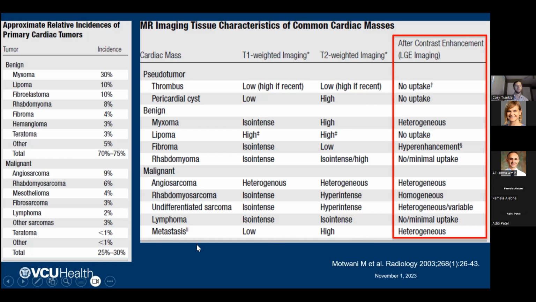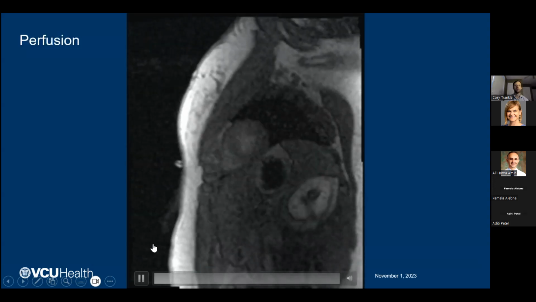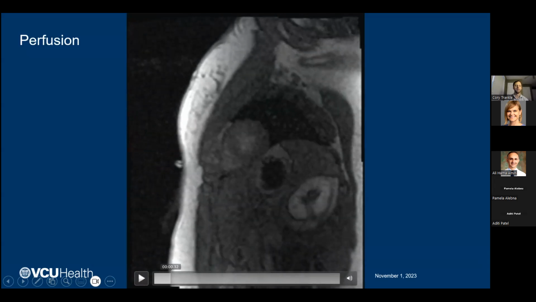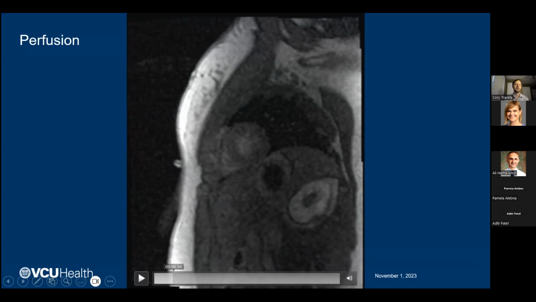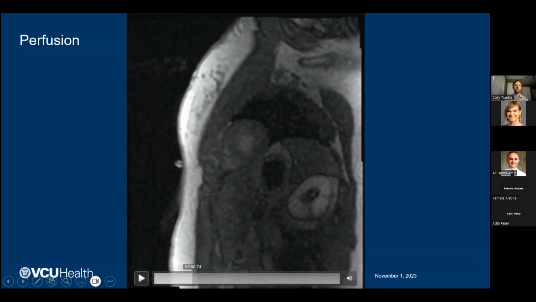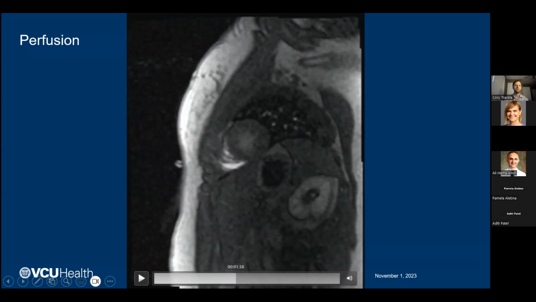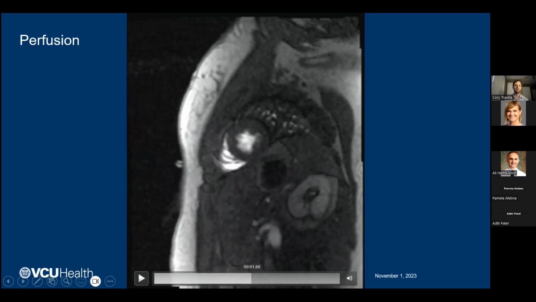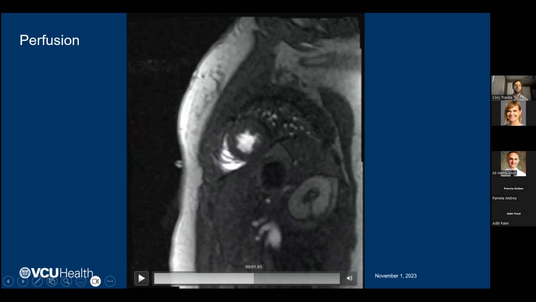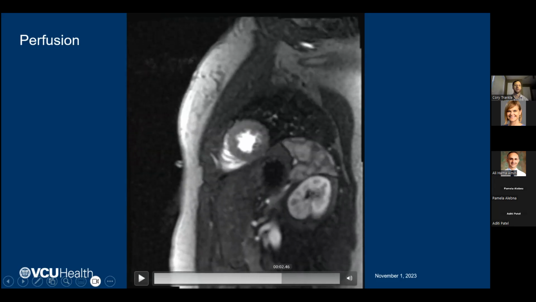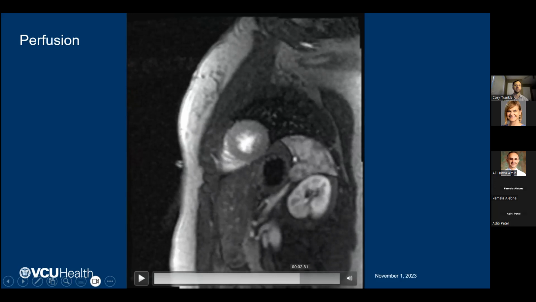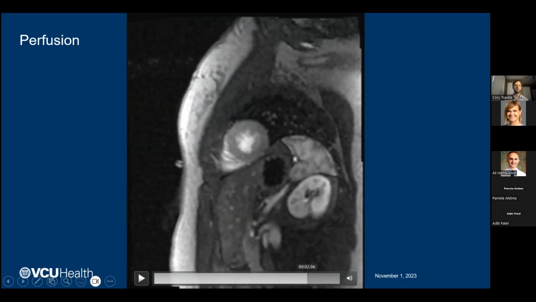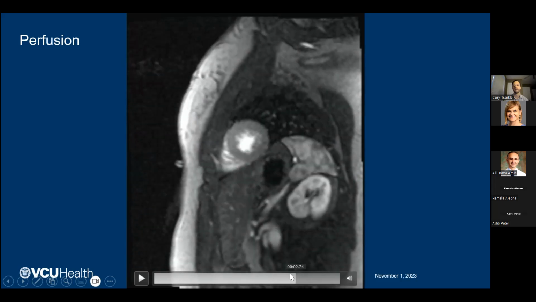You've got a few different ways to try to tease that out, but whether or not it takes up contrast is one. Here, as the contrast is injected through a peripheral IV, you see the right ventricle light up first, then in the lungs you see the pulmonary arteries, and then the left ventricle cavity is starting to light up. And then as it enters the arterial phase, you see the myocardium start to slowly brighten up, and so too is, for instance, the liver and the spleen and the kidneys and every other organ.